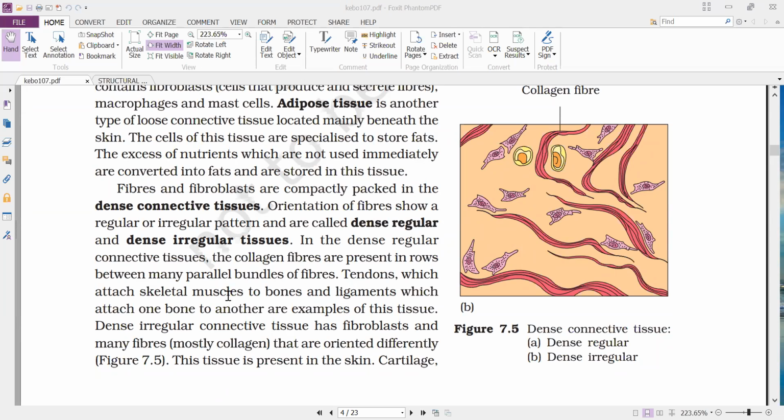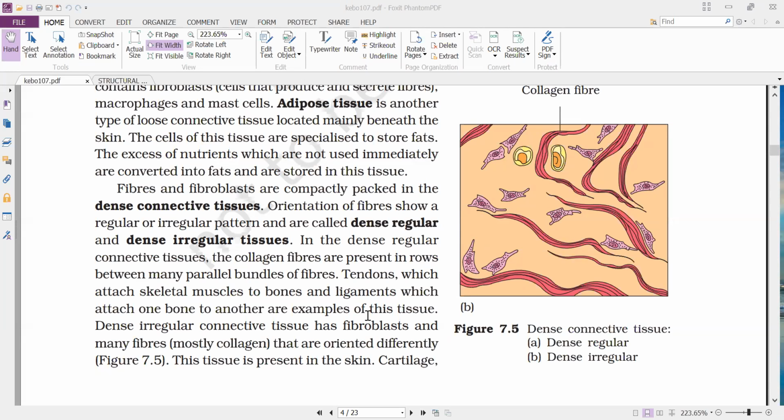Tendons, which attach skeletal muscle to bones, and ligaments, which attach one bone to another, are examples of this dense regular connective tissue. We have two types of dense regular connective tissue: one is tendon and the second one is ligament. What is a tendon?